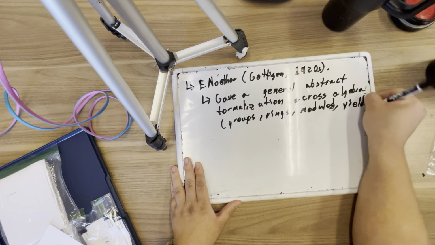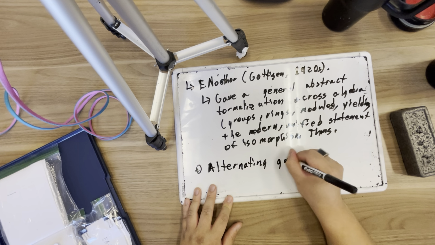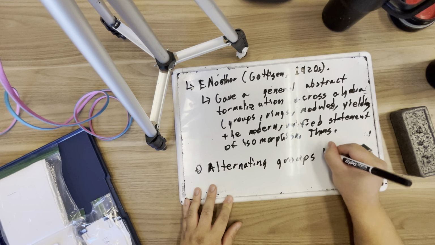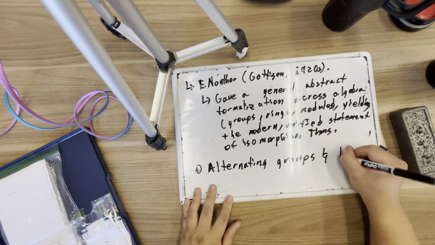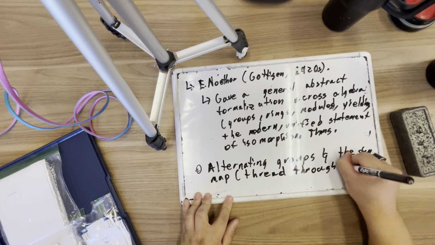Now, there's this thread of the alternating groups throughout the, give me a moment, and the sign map. That's a thread through the 1800s, which develops in tandem with what we've been mentioning as the main line.